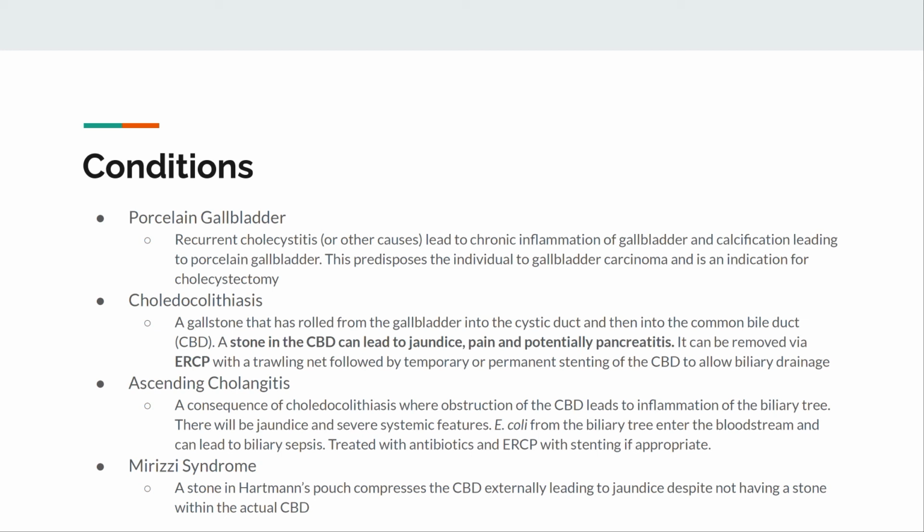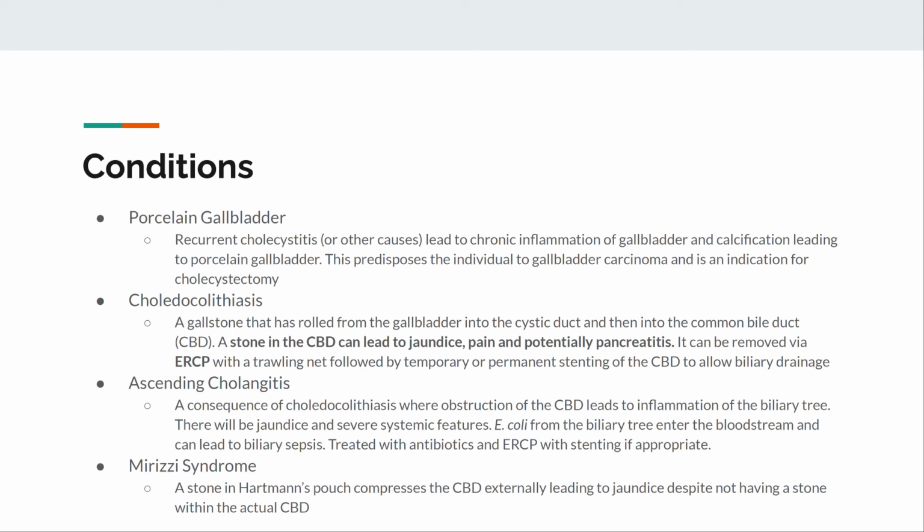It's typically E. coli in the biliary tree, and you can get such inflammation that the E. coli are able to jump from the biliary tree into the blood, and you become septic with biliary sepsis, which you would treat with antibiotics and ERCP with stenting to restore that flow of bile. Stagnant bile is where E. coli are able to grow. So as soon as you restore flow, you'll fix the sepsis, as long as you've got some antibiotics too.